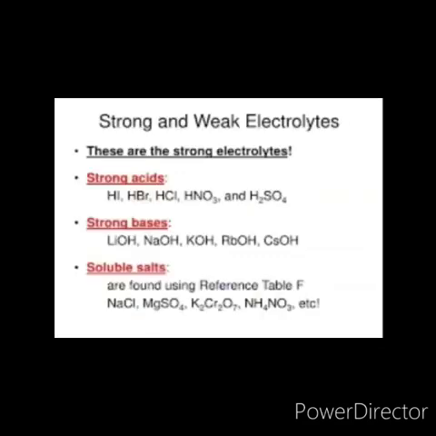Strong acids are HI, HBr, HCl, HNO3 and H2SO4. Strong bases are LiOH, NaOH, KOH, RbOH, CsOH, and soluble salts are NaCl, MgSO4, K2Cr2O7, NH4NO3, etc.